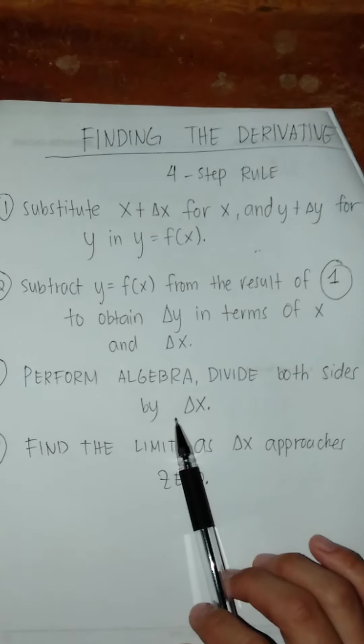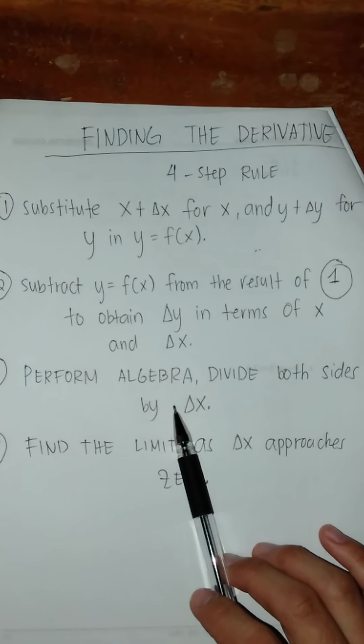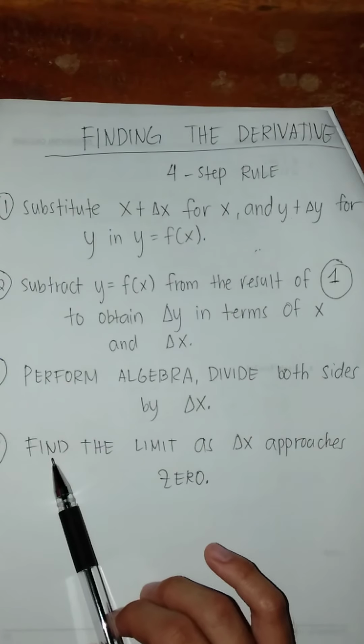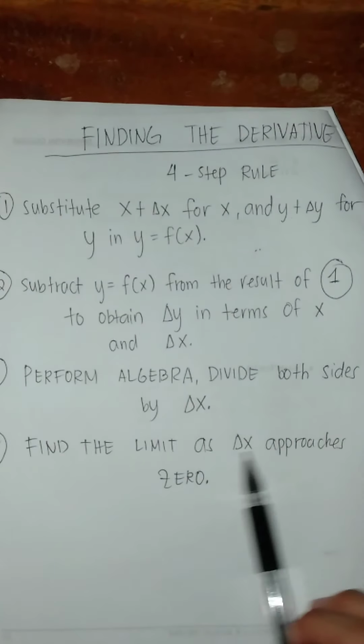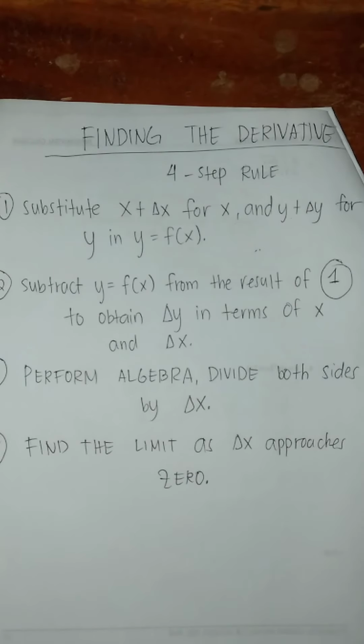Then divide both sides by delta x after the algebraic manipulation. Then lastly, find the limit as delta x approaches 0. This is your 4-step rule in finding the derivative.